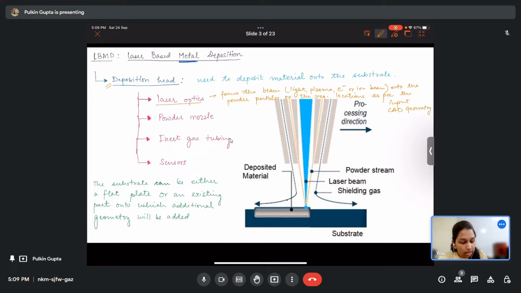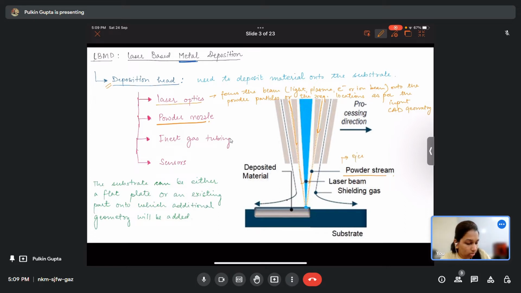Then we have the powder nozzles. Here you can see these two are the powder nozzles. From these two powder nozzles, fine powder particles are being ejected into the system, in a coaxial manner.